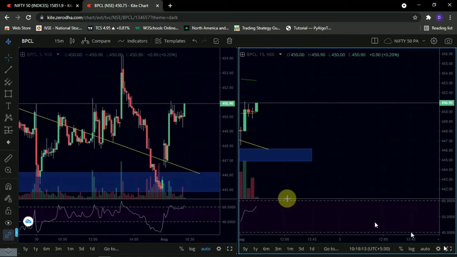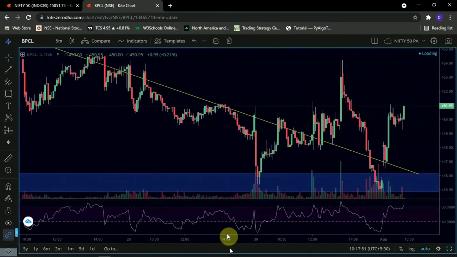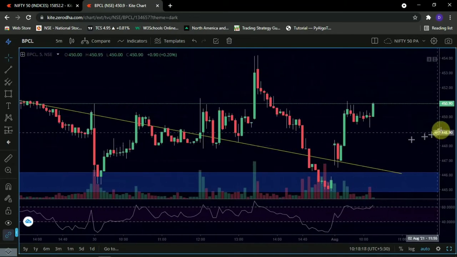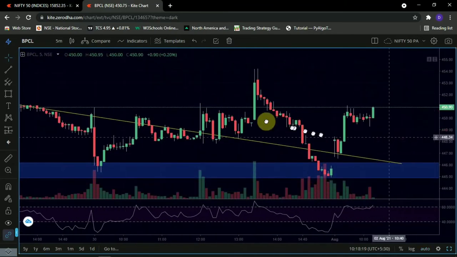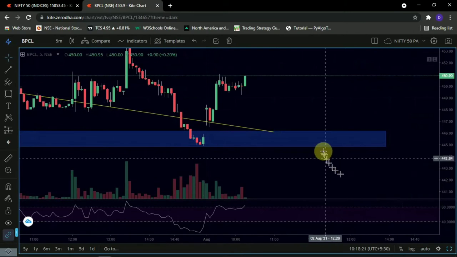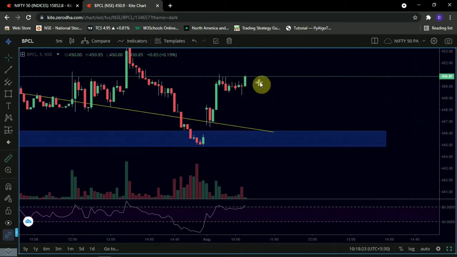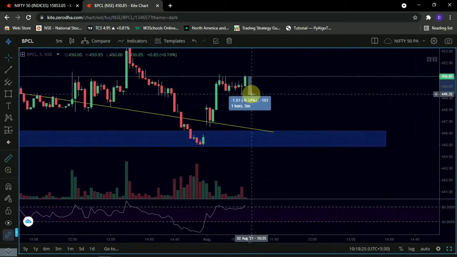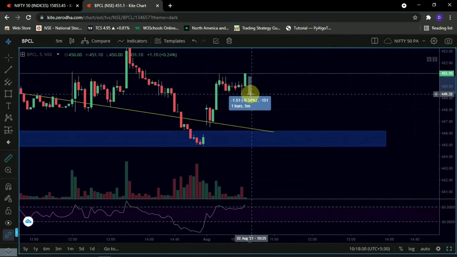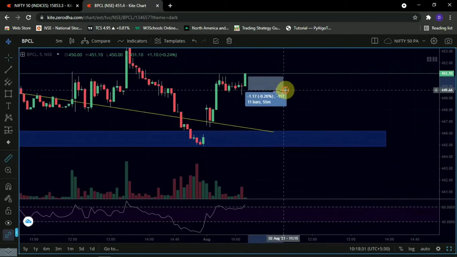So there is a good entry. You can see here, it is moving up. If we enter at this point by placing a stop loss at this level, 1.5, it can be a good entry.